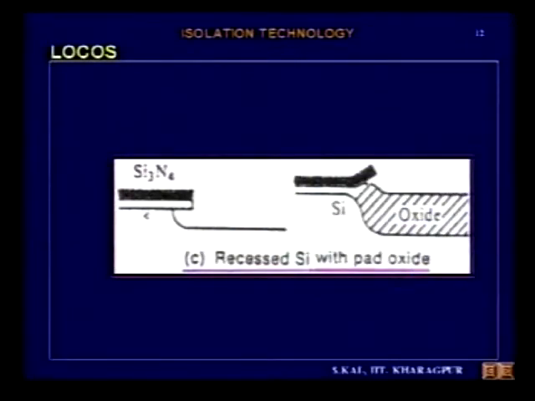And here the bird's head formation means an increase of volume, as silicon is consumed and silicon dioxide is formed. 1 micron of silicon produces 2.22 micron of silicon dioxide. Because of that increase of volume, surface planarity is disturbed, isn't it?